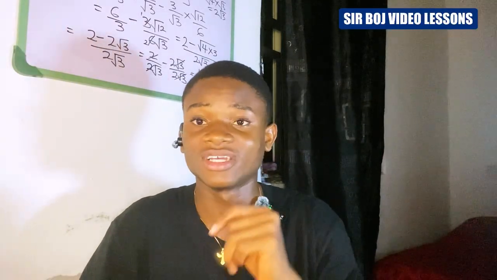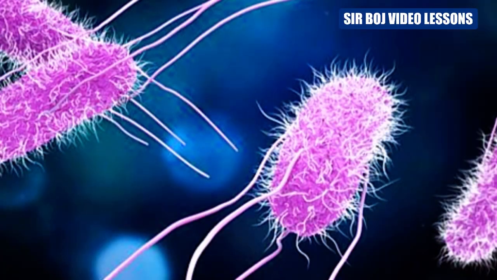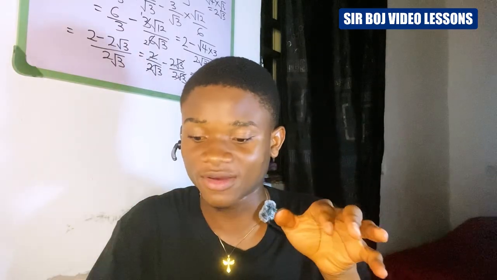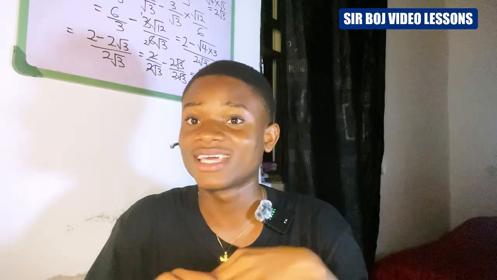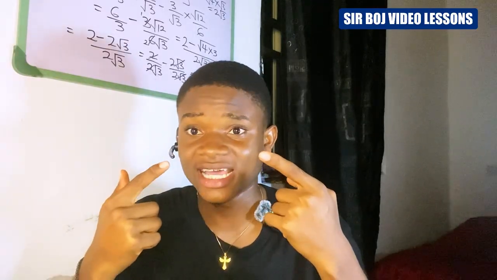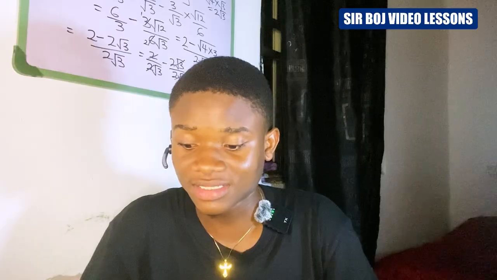So what are the characteristics of Monera? How do we know them? First, they are unicellular organisms. They contain only one cell. They are microscopic. They can't be seen with the naked eye, except with the use of a microscope. Then they have no true nucleus. Genetic materials lie freely in the cytoplasm.